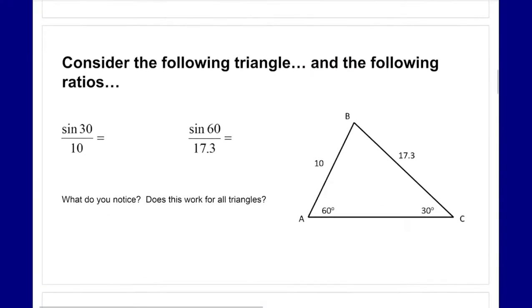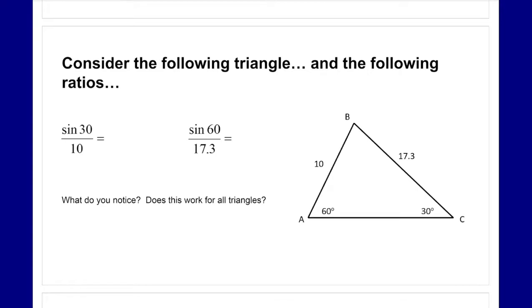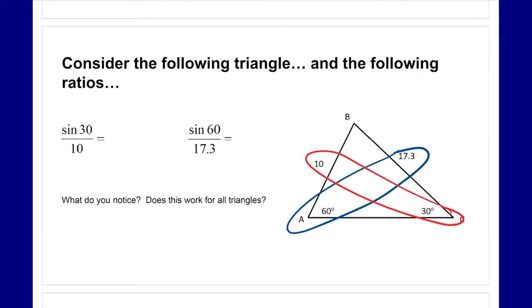So one thing before we get into it, if we look at this following triangle, it is a right angle triangle actually, because this does work out. But aside from that, if we look at the ratios, so the ratio of the angle with its side, so A and side A, C and side C, what do we see about the ratios? So sine of 60 divided by 17.3.